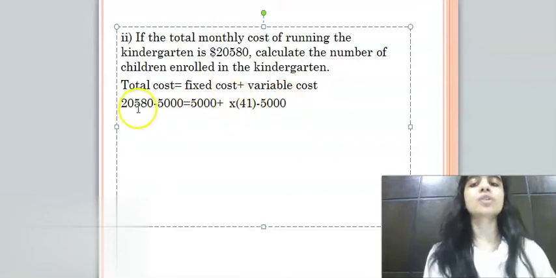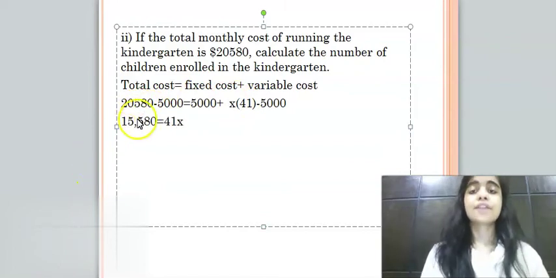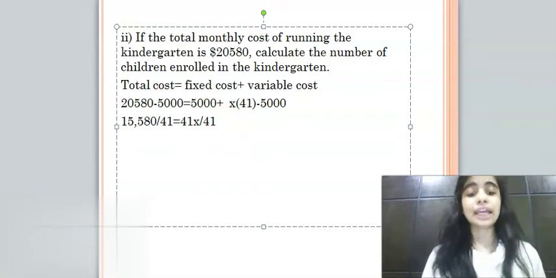And 20,580 minus 5,000 will give us the answer, that is 15,580 equals 41x. Now in order to remove this 41, we will divide both sides by 41. Let's divide. Okay. So now 15,580 divided by 41. What is the answer, children?